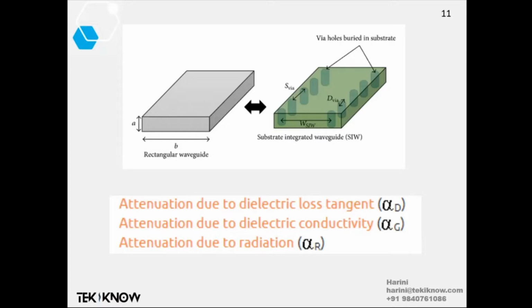If you go with a higher dielectric constant like 10.2, you are able to reduce the dielectric loss. Another thing is radiation loss. If you place these two rows of vias very close together, no electromagnetic waves are able to escape from this board. At that time you achieve a reduction in radiation loss.